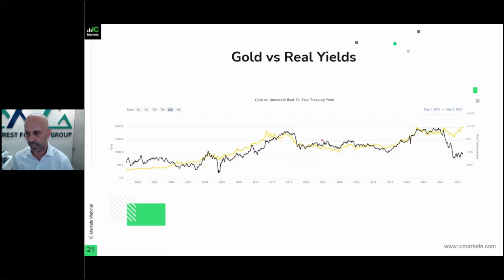You could do it on a daily chart, weekly chart, or maybe on a smaller time frame as well, H4 and H1. So when you know what real yields are doing and how they are moving, it gives you a better insight as to what the price of gold is expected to do. Now, similarly, at the start of 2019, real yields peaked at about 1.2%.